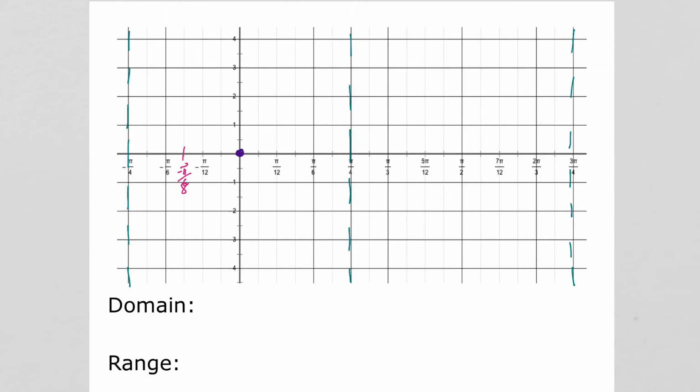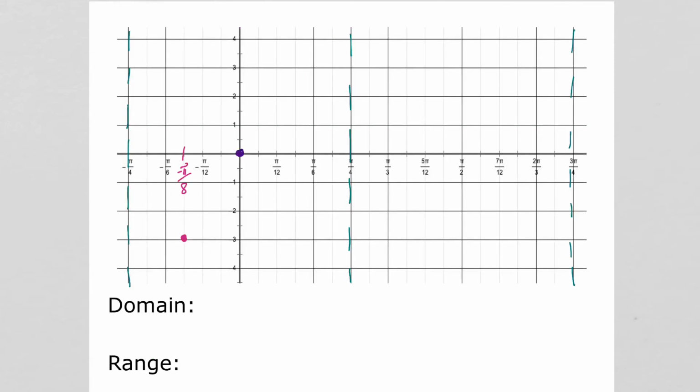So instead of negative 1, we'll be at negative 3. So our 1/4 point is at negative pi over 8, negative 3. And then our 3/4 point is halfway between 0 and pi over 4, or pi over 8. And instead of being at 1, because of the a value, we're going to be at 3.